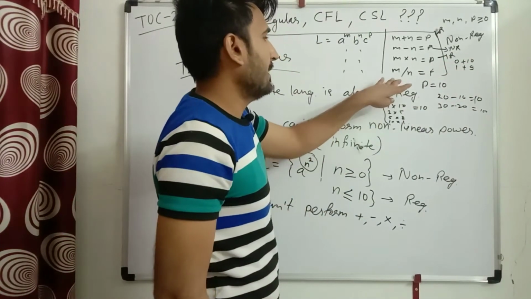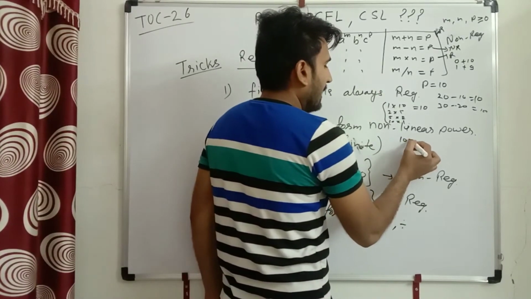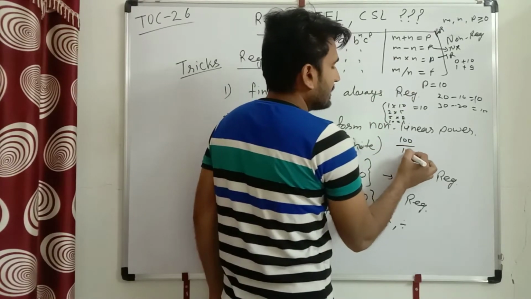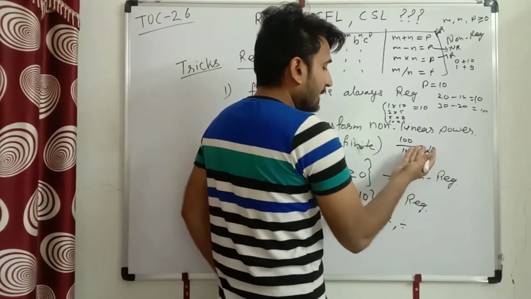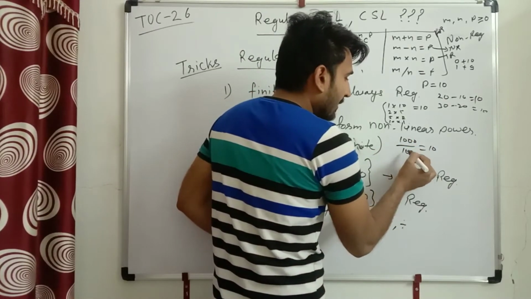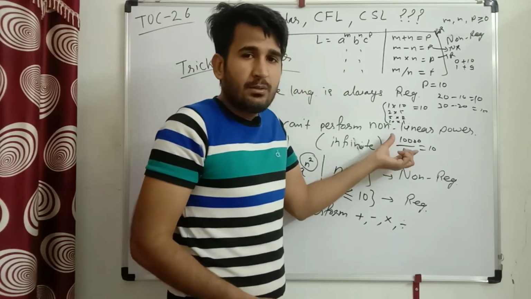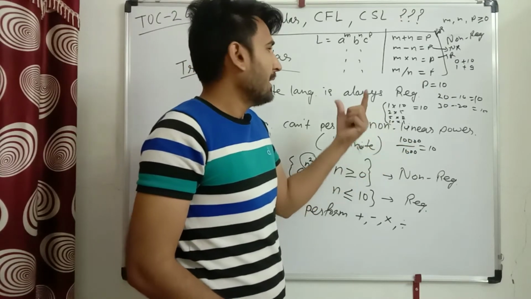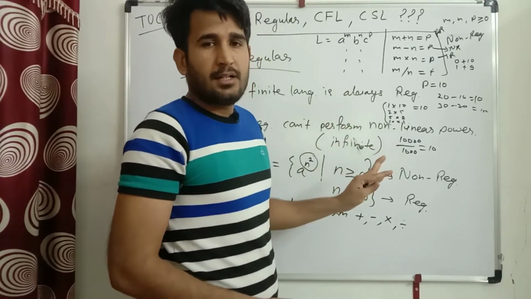And see the fourth example, m by n. For example, m is 100 and n is 10, then this is 10. You can see it can have many combinations, for example 1000 by 100, 10,000 by 1000. So it is an infinite language, and an infinite language performing some operation can't be a regular language.